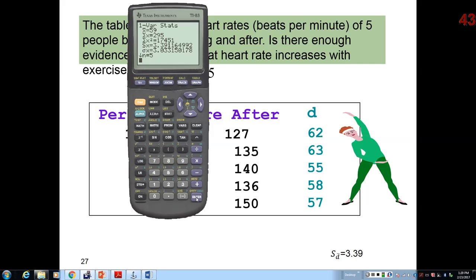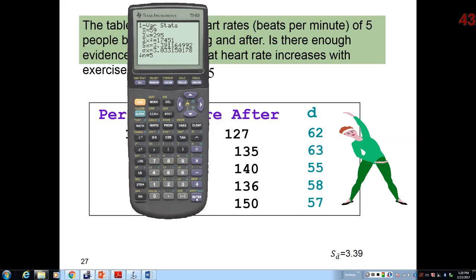My sample difference is going to be 59, right? I'm going to put it over here so you guys can see. It's going to be 59. What is my standard deviation for the differences of the two? What does it say? 3.39. That is correct. So you have 3.39.